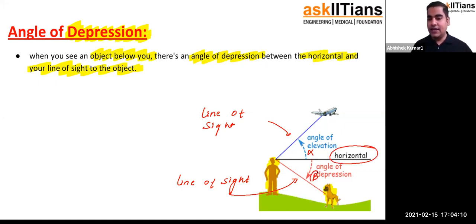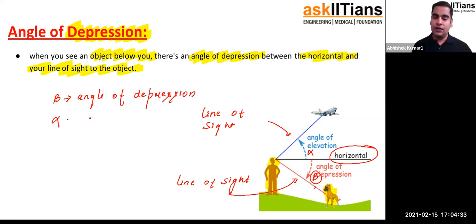This angle that we have, because this angle is formed between the observer and the object which is lying below it, okay, then this angle which I have denoted by beta here will be referred to as angle of depression. Okay, this angle that we have denoted by beta will be called as angle of depression, while the other angle which I have denoted by alpha is called angle of elevation. Remember this.